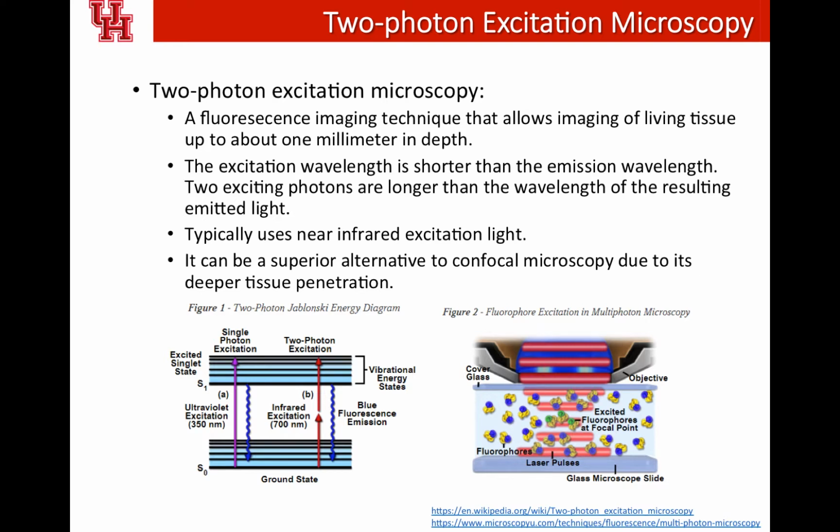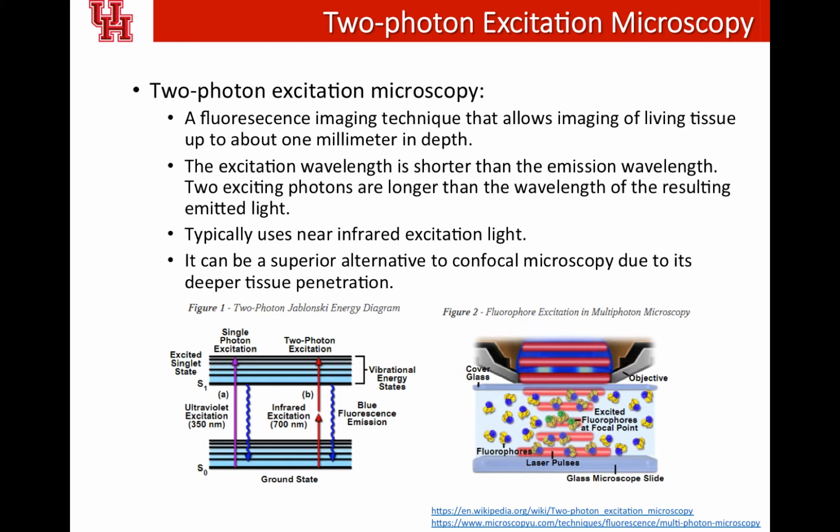You can use longer wavelength light to excite shorter wavelength emission. So that's the two photon excitation microscope. Okay, so that's the key, right? You use longer wavelengths, you use lower energy. So that's why most people use infrared excitation light.